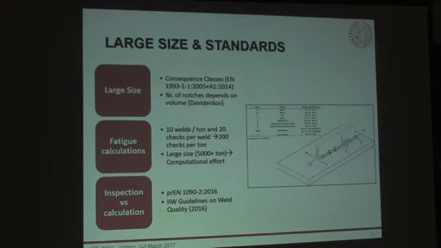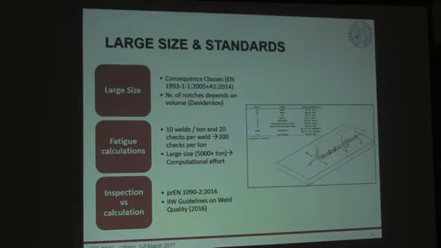With the introduction of fatigue calculations, there are profound implications in all the process, including the design and the production. In fact, let's consider a typical large civil structure, which has at least 5,000 tons of steel, and with a rough evaluation of 10 welds per ton, the number of welds becomes very high.